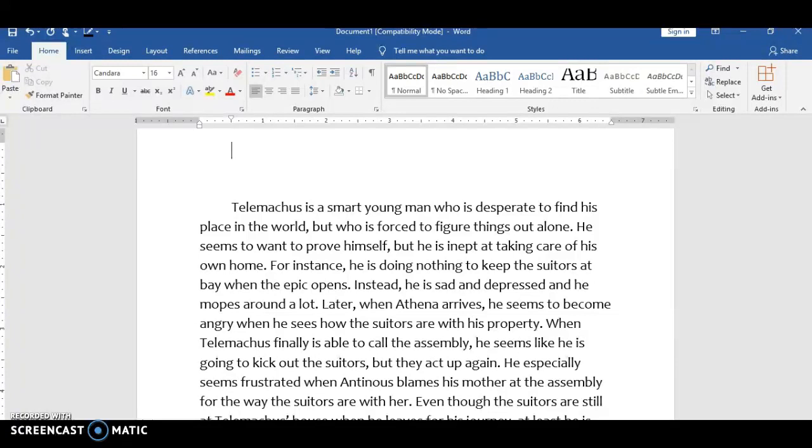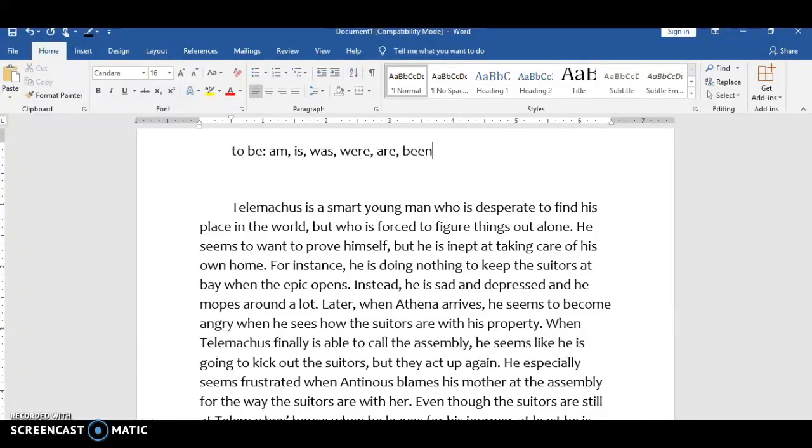So a linking verb, the most common ones are forms of the verb to be. To be is an infinitive, and as you know, an infinitive is the word to plus a verb in its base form. And the 5 forms of to be are am, is, was, were, and are. So when you see those words with a subject, you know it's a linking verb.